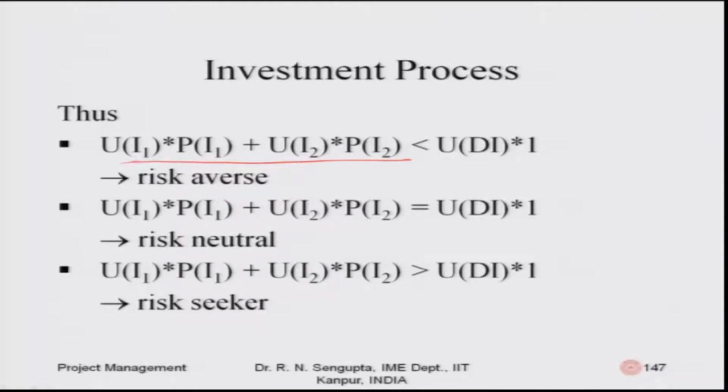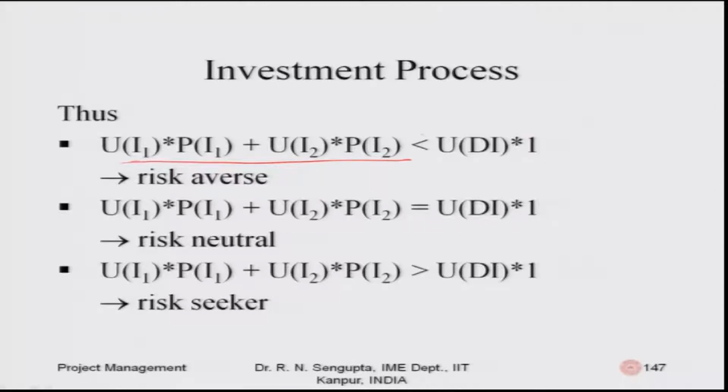The first term is u(I1) multiplied by P(I1), where I1 is the investment, so it is the utility multiplied by its corresponding probability. The second is the second outcome's utility multiplied by its probability. And on the right hand side of the less than, equal to, and greater than signs is the sure event, the deterministic investment DI multiplied by 1, which is the probability.